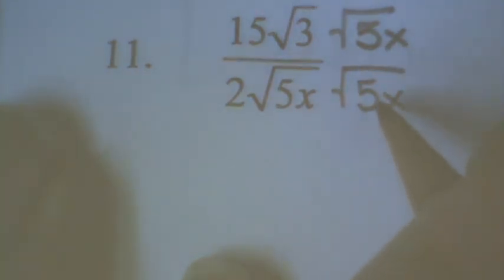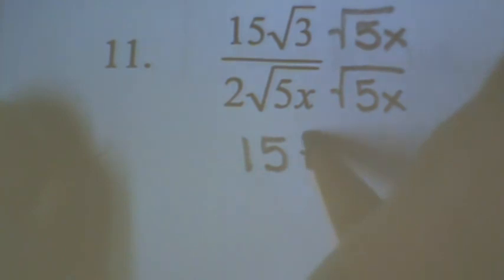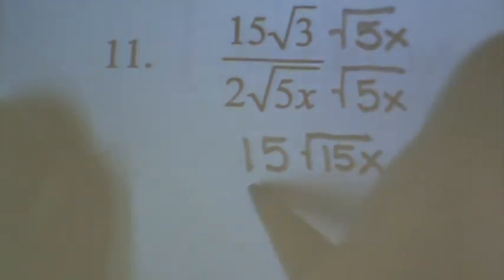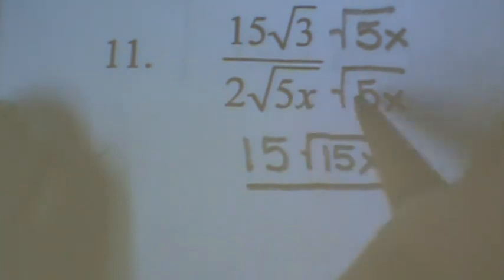So on top I get 15 times the root of 5x, which is 15x under the radical. On the bottom, I have a 2 out here, and a 5 that's going to come out, so that's 10, and an x that's going to come out, 10x.